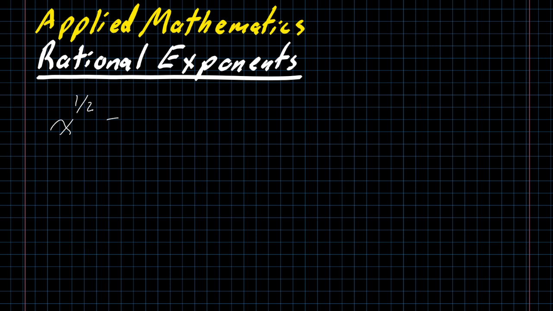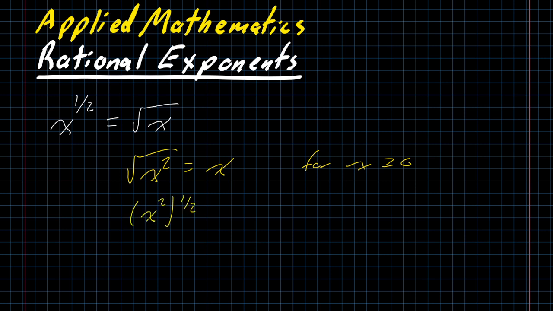So x to the 1/2 power is equal to the square root of x. And if you stop and think about it, that makes sense. Because the square root of x squared is, well, x, or the negative of x, but roughly speaking, x. And if we tried to think about that as an exponent, then that would be x squared to the 1/2 power.